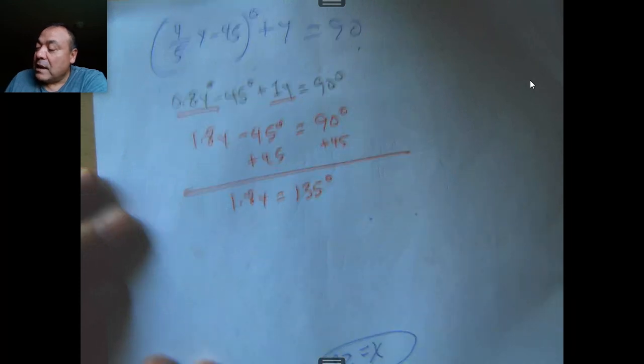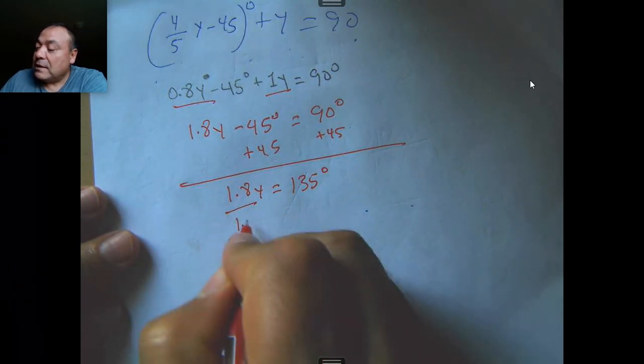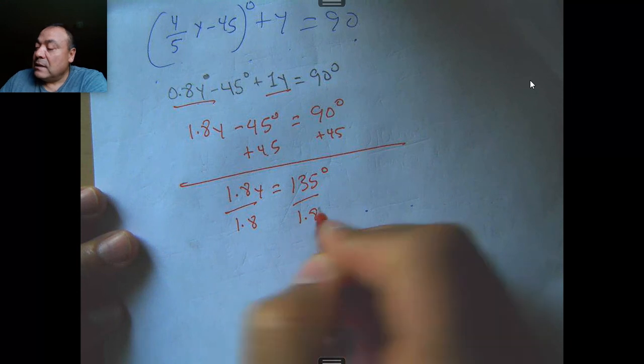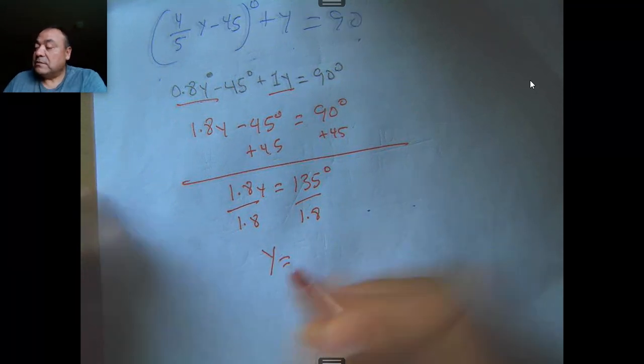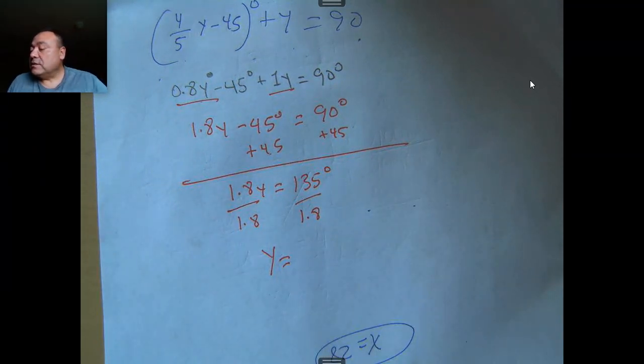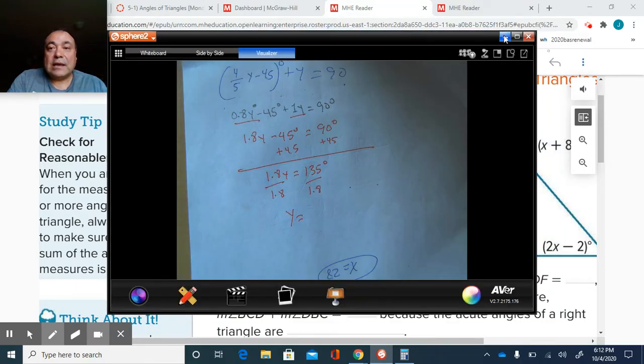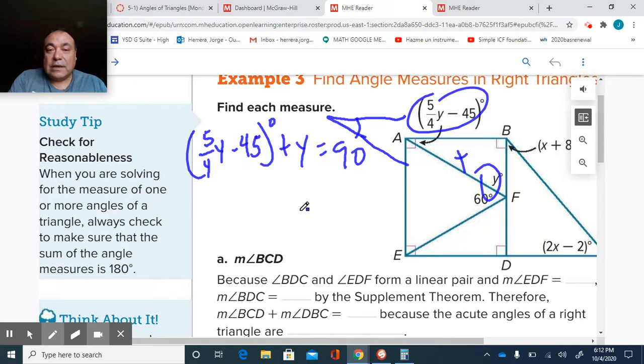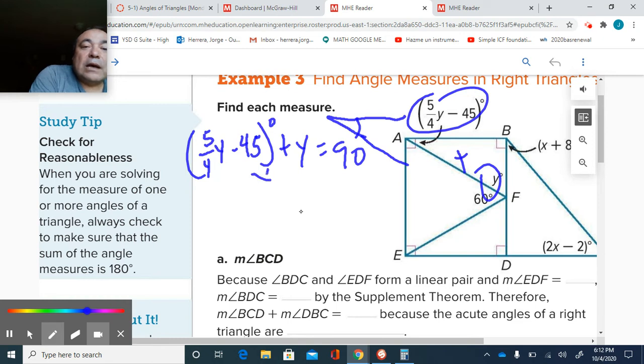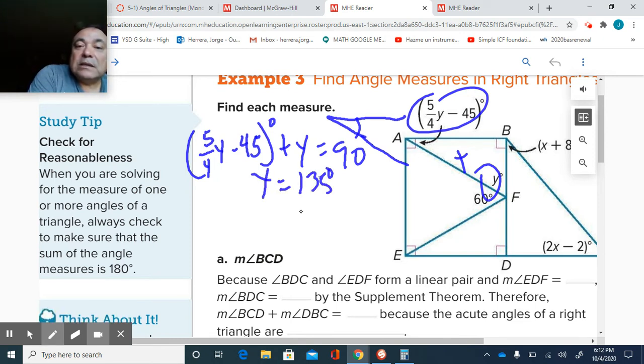Okay. I'm going to divide both sides by 1.8. So on this one, guys, we're going to get something in the 60s or 70s right there. So I'm going to go back to my dandy calculator here, and we did the math over there: y equals 135 degrees divided by 1.8.